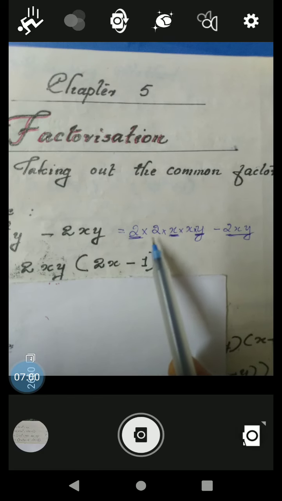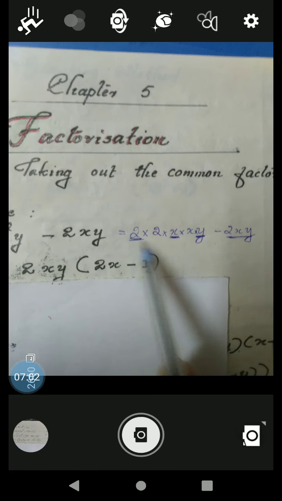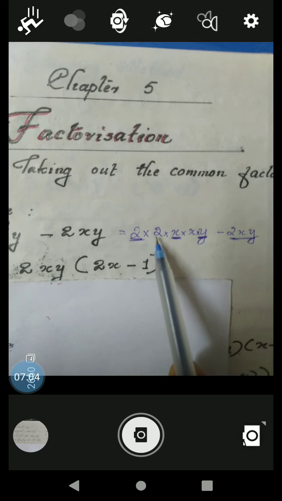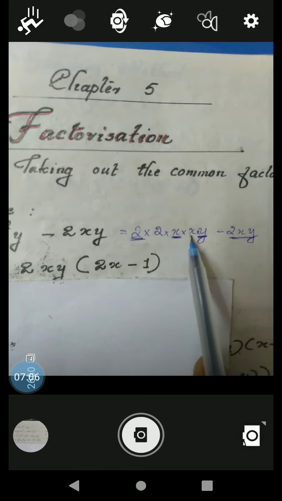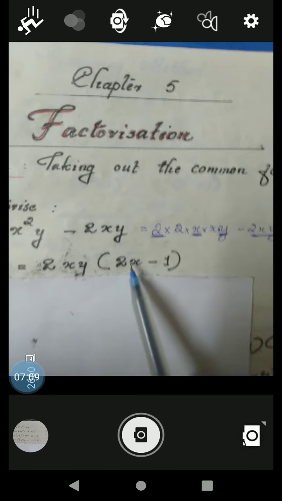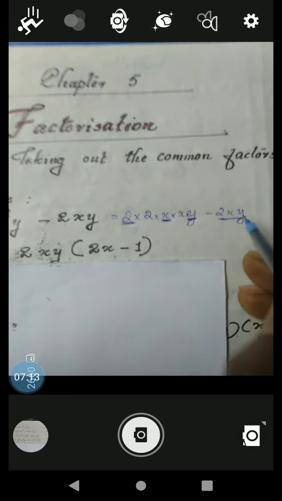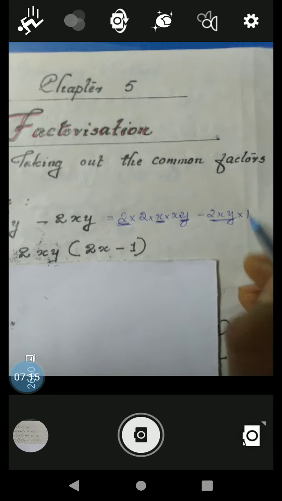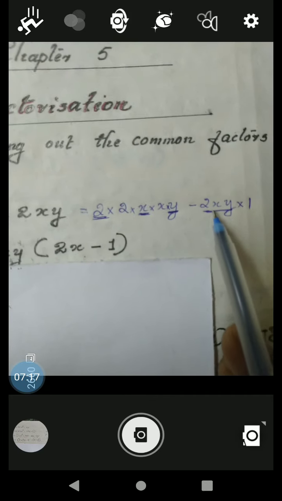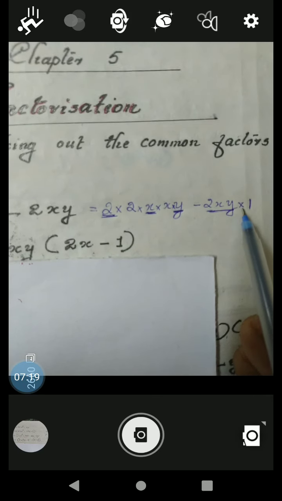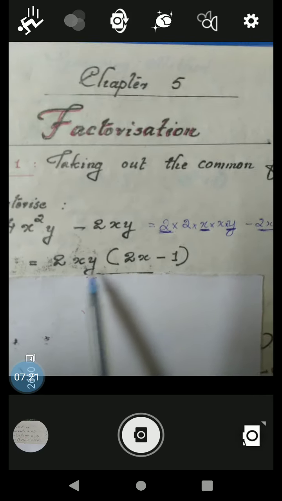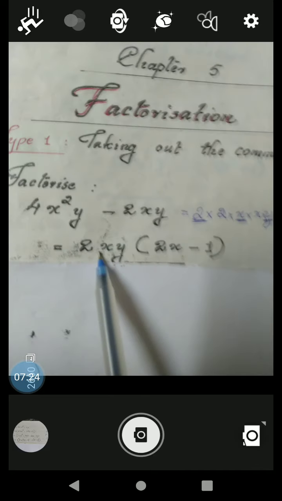So what is the remaining part in the first term? That is very clear. 2 and x, that is 2 into x. So inside the bracket we can write 2x. Here 2xy can be written as 2xy into 1. Therefore, if we take 2xy outside, the remaining part is 1 only. Therefore, the result is 2xy into (2x minus 1).